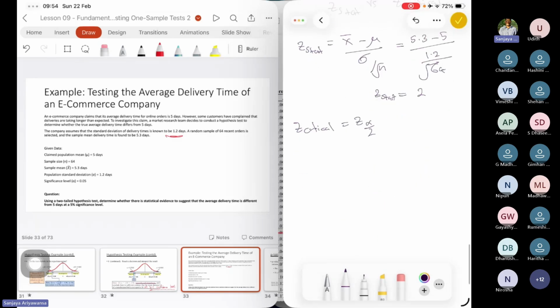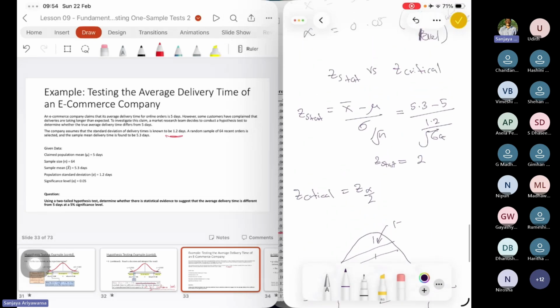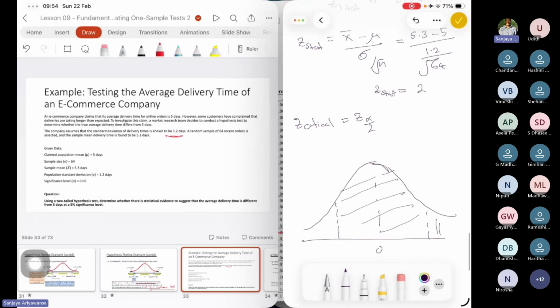Why is that? Because on the visualization like this, we are trying to figure out the critical values. So this region over here is the non-rejection region, right? And these two regions over here are the rejection regions.